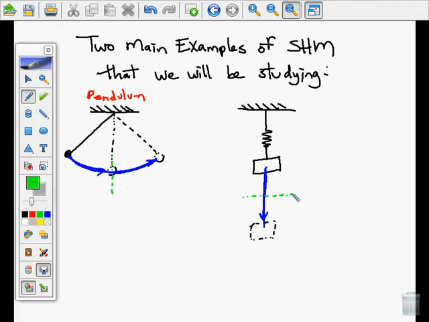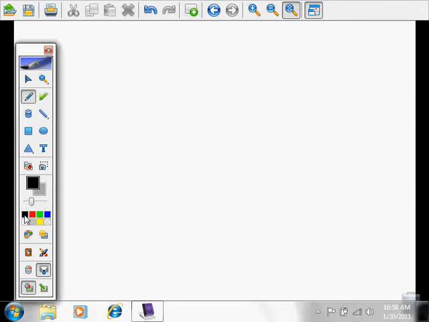Experimentally, physicists have done studies where they have timed how long it takes to go through one complete cycle. The time it takes to go through one complete cycle is called the period of the motion. We've seen that term before when we studied circular motion.